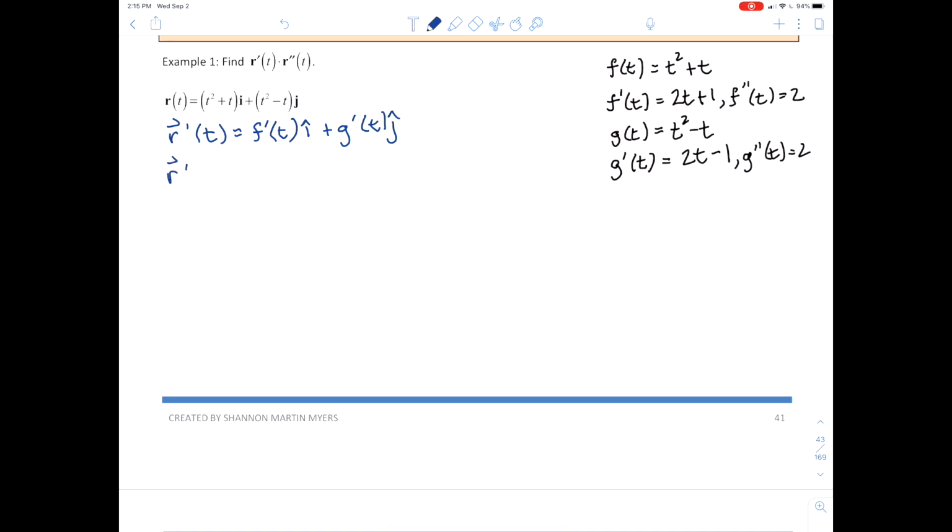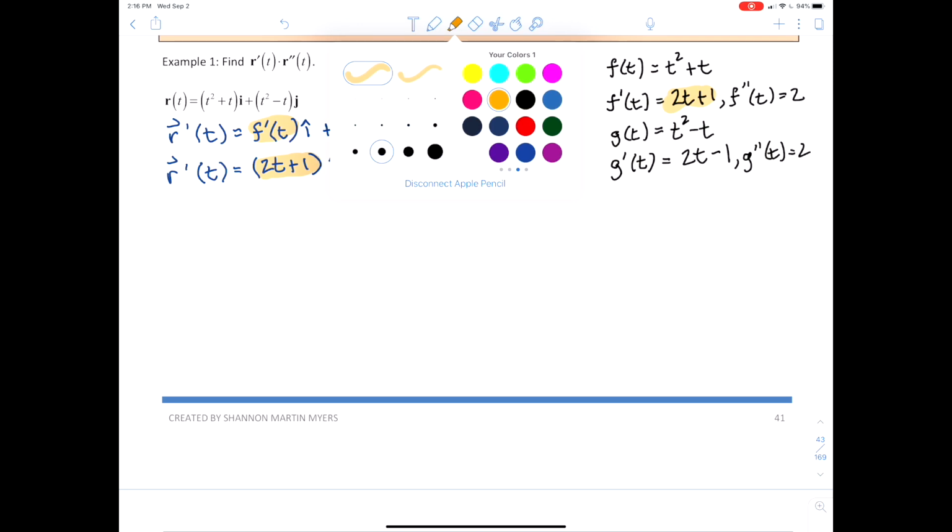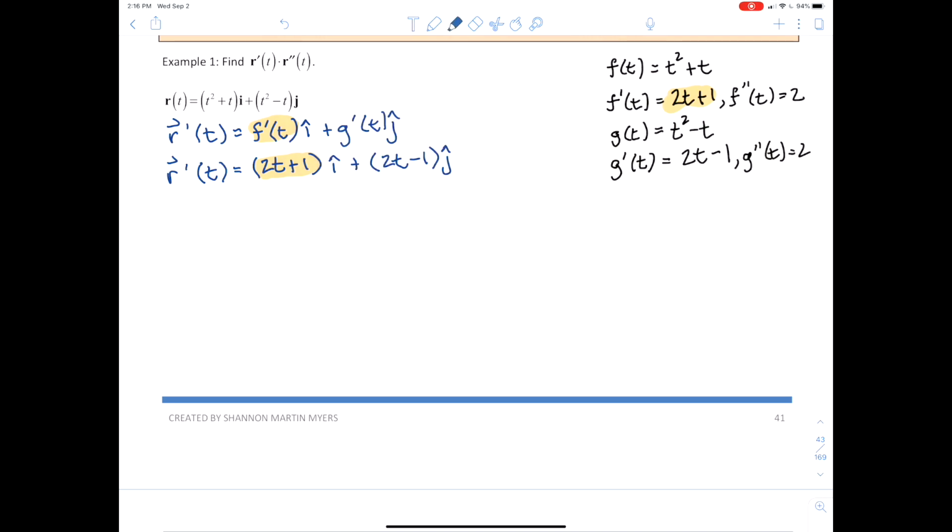So r prime at t will be equal to, what did we get? 2t plus 1 times i, and then plus 2t minus 1 times j. So we just got these from f prime at t is 2t plus 1, and g prime at t was 2t minus 1.